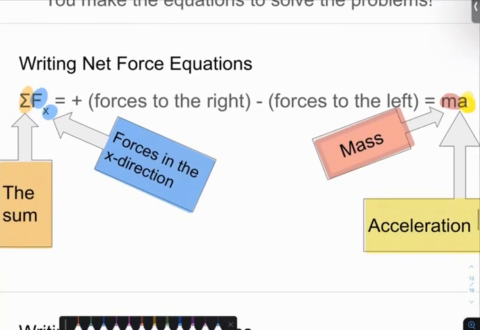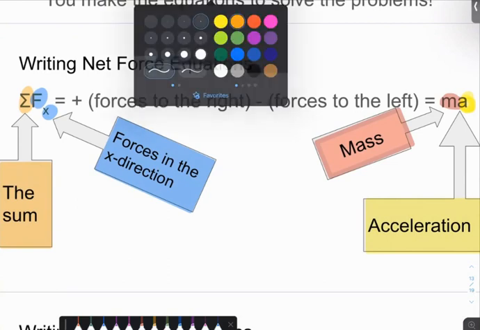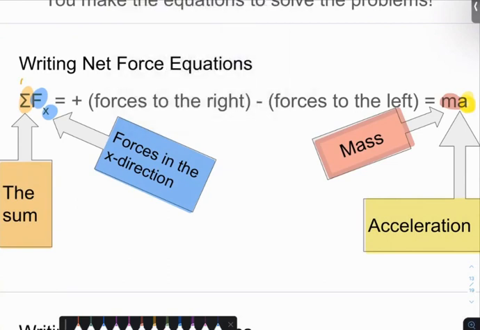So when we are doing net force equations, the first thing to know is that we are going to use this little sigma, is what it's called. It is a Greek letter, and it means the sum. So we are going to add up everything when we see sigma. And so specifically, we are going to add up the forces in the x direction.